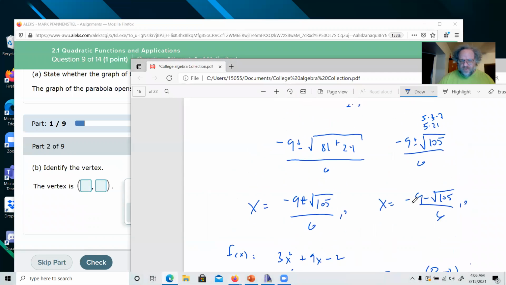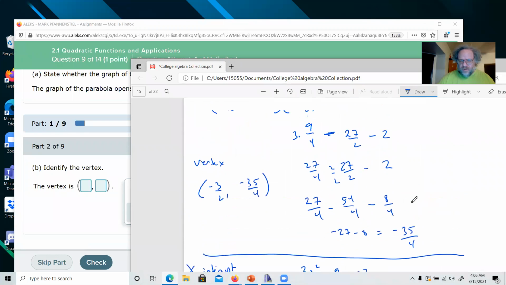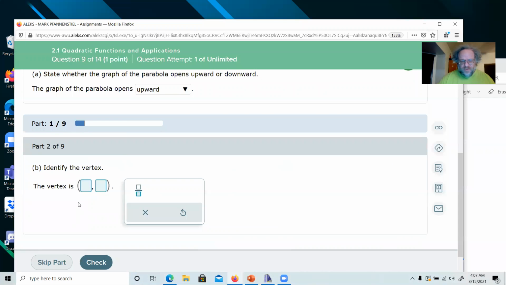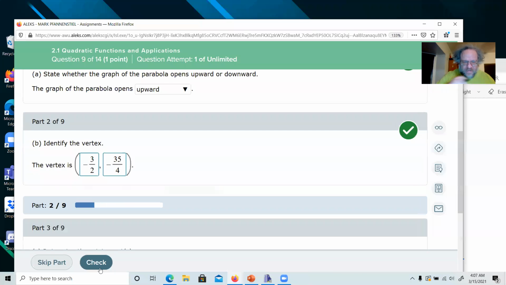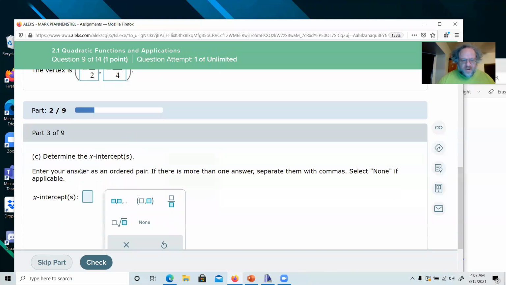What did we say the vertex was? The vertex was negative 3/2, negative 35/4. Crossing my fingers, hoping that I didn't make an arithmetic mistake. Look at that. All right.